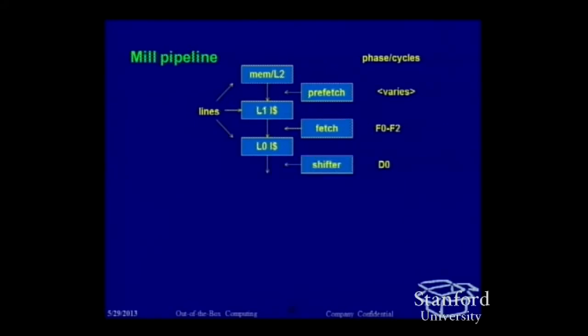Now that has a 1-cycle delay to go into the bundle shifter, the top level of what you saw a few slides ago. And that's in the D0 cycle, which immediately follows the F2 cycle. The bundle is taken apart in D0, D1, and D2.